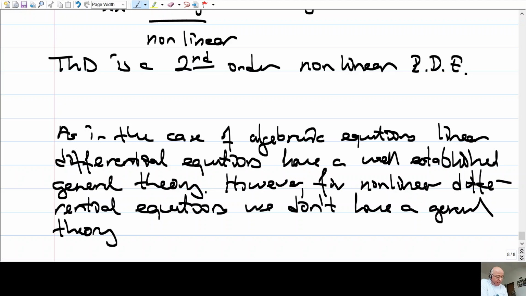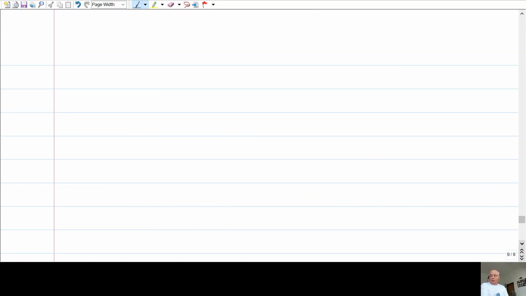I mean, we have a theory, but it is not as well understood as the linear theory. Usually, we have theories for specific equations, and that theory doesn't apply to another nonlinear equation. For each nonlinear equation, you have to build up a different theory. That's why life in the nonlinear world is very difficult.